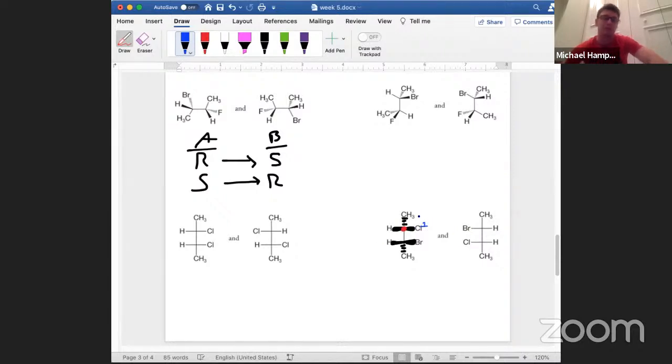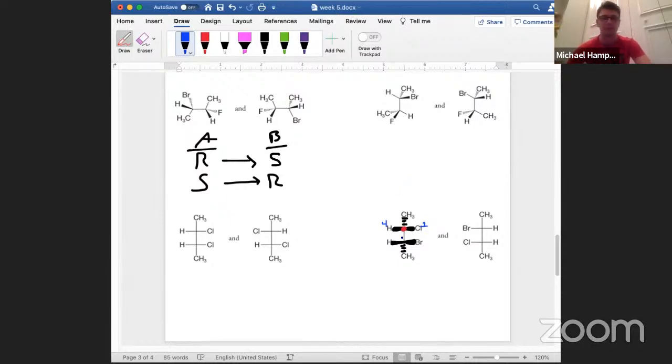I like to personally find my highest and lowest. What's our lowest priority? Hydrogen. Now what's second in line from number one? Is it the methyl or the group below? Second priority. Is it methyl on top or the group below? It is the group below.